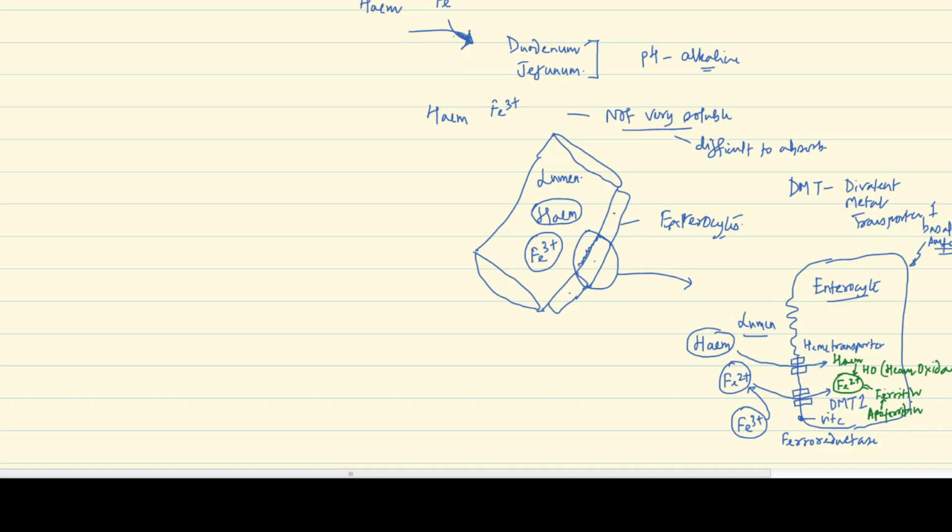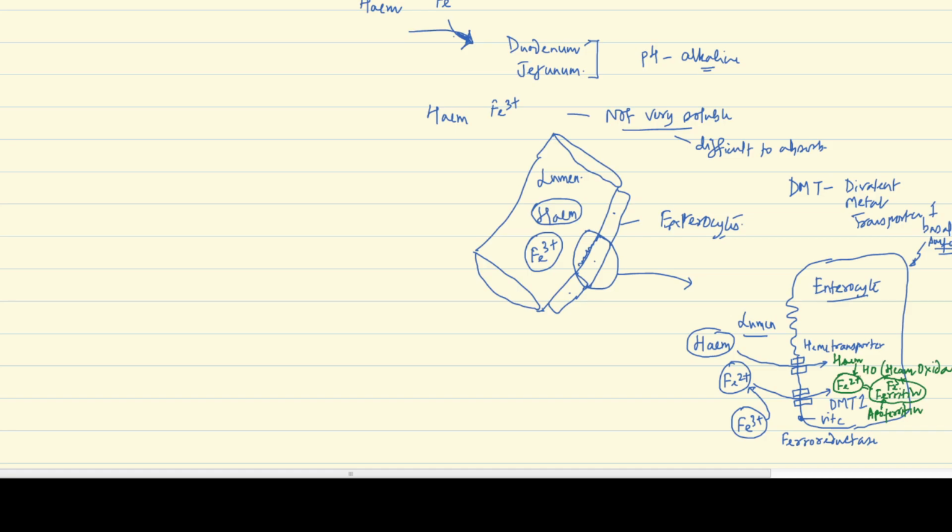So ferritin binds the ferrous ion, and in this binding, this ferrous gets converted to ferric again. So whatever ferrous ion is present gets converted within the cell to ferric form, and that ferric form binds with ferritin. So the bound form is a ferric form.